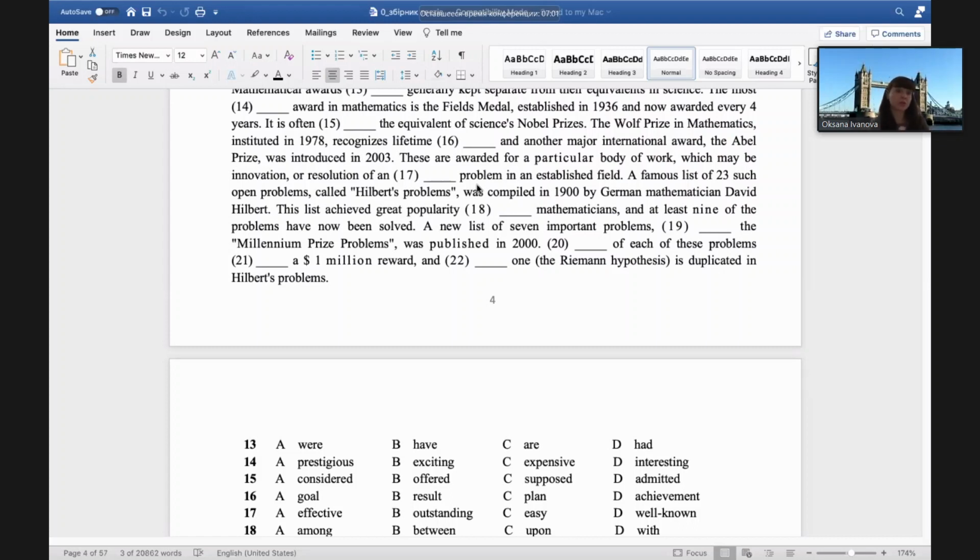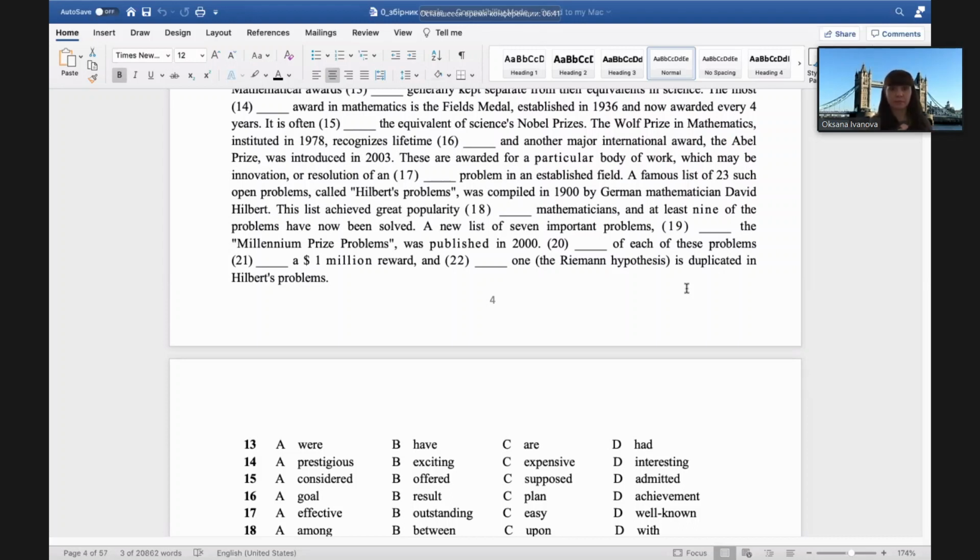Yeah, and also it's important. Yeah, it's famous. All these words relate to outstanding. So that is why the best answer will be outstanding. You are right. Okay, continue, please.